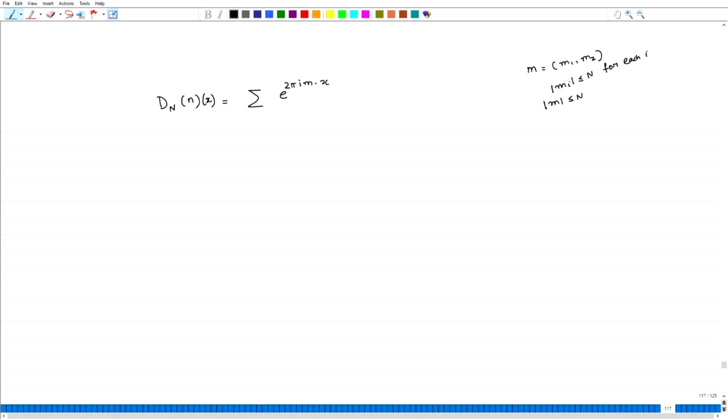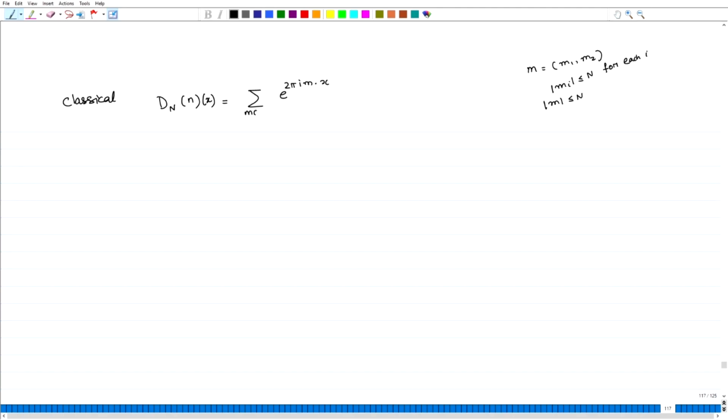In dimension 1 both these sums agree, but in higher dimension they are definitely going to be different. So, we will call this the classical Dirichlet kernel.